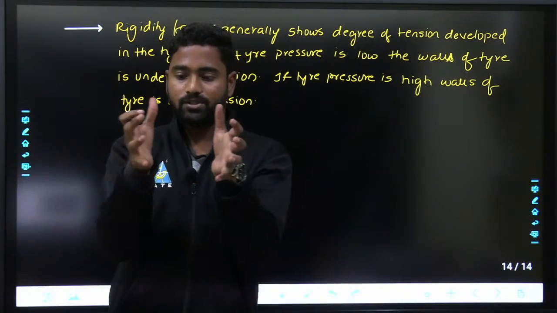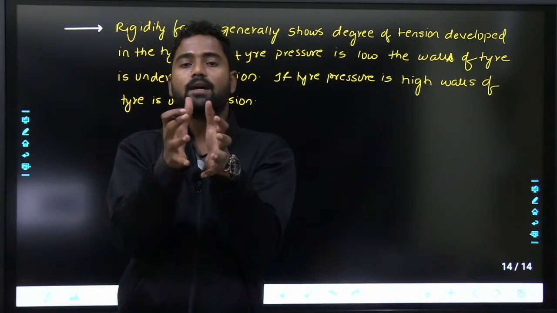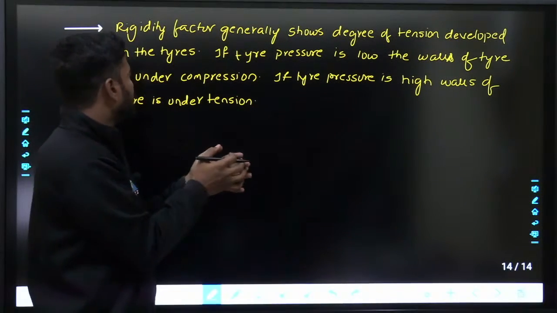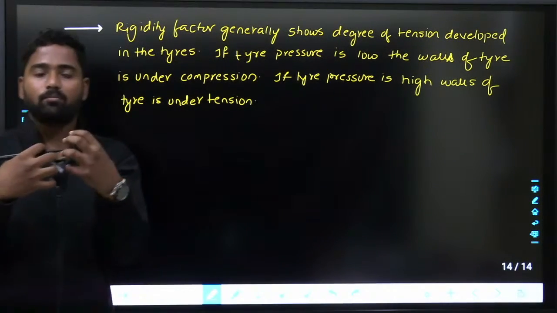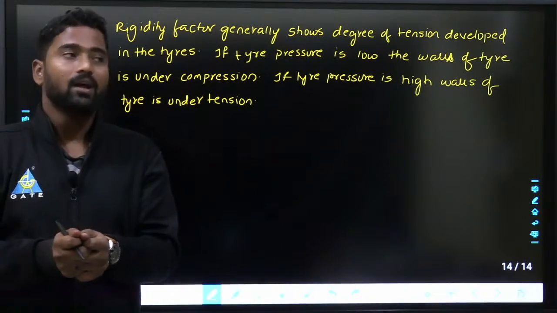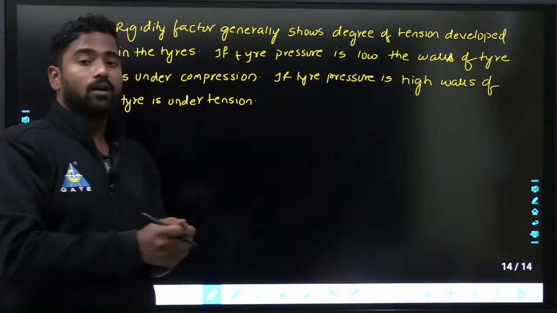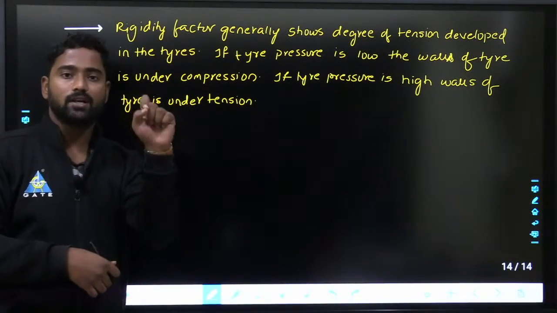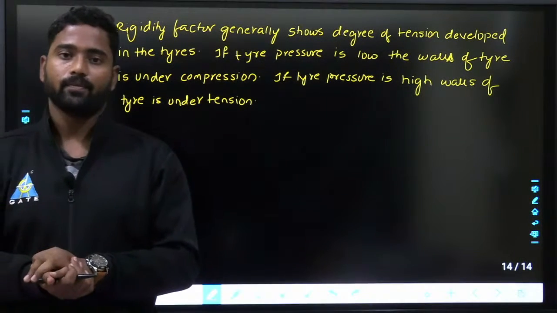If tire pressure is less, the walls will be compressed. So based on tire pressure, we can say whether the walls are under compression or tension. And rigidity factor in turn helps us find out the degree of tension developed in the tires.